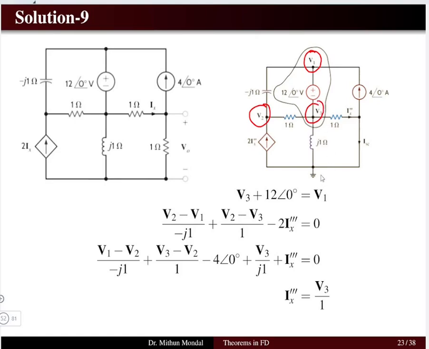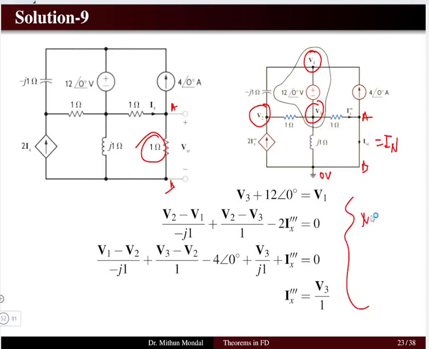We can take one common node as 0 volt here. I need to determine the potential across the 1 ohm resistor, so that will be my terminal. The terminal will be A and B, which I need to short to find the short circuit current or the Norton current. Now we can apply the nodal analysis here.